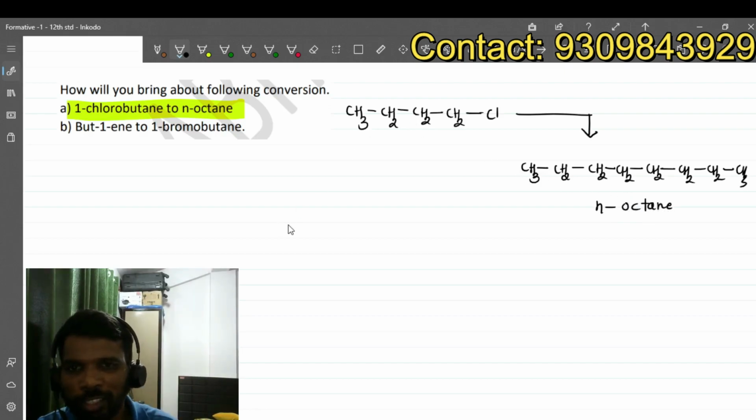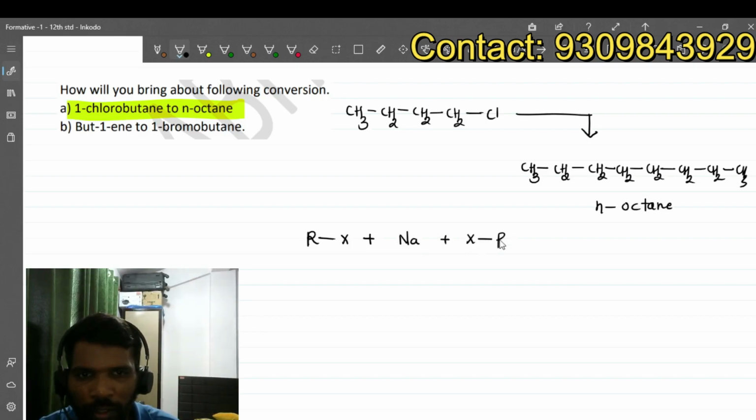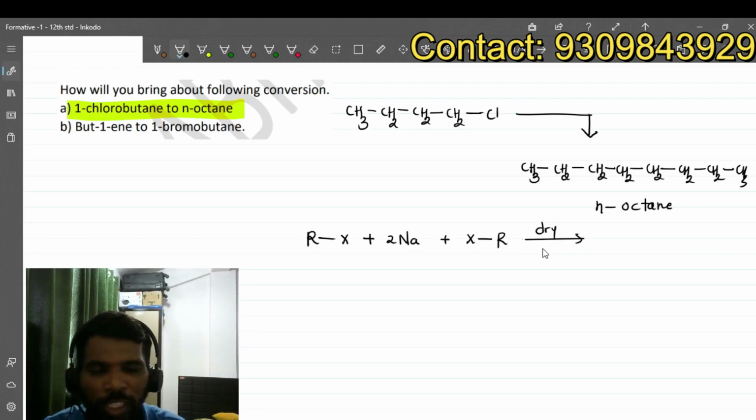This reaction is similar to this: RX, an alkyl halide, reacting with sodium, reaction of the alkyl halide with the metal. You can just write this 2 and don't write this RX; that is also possible. So in the presence of dry ether, what do you get?